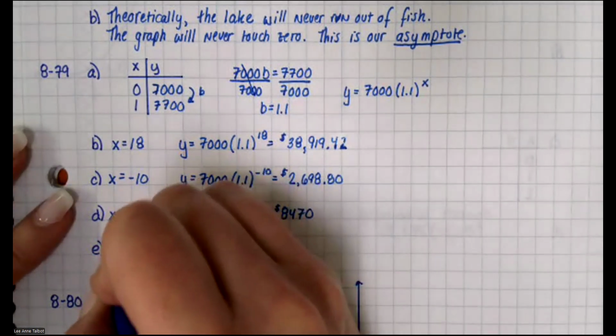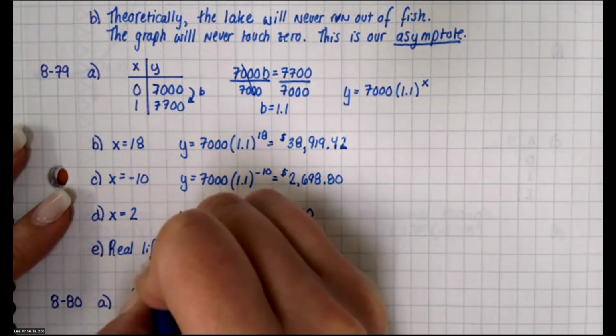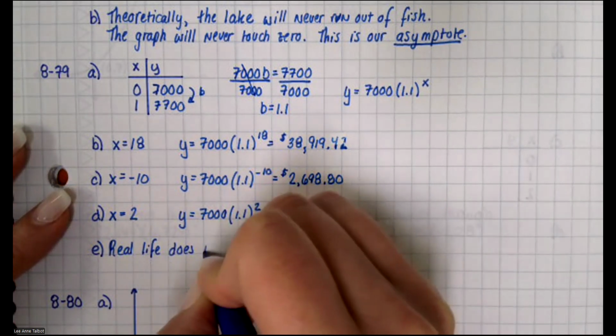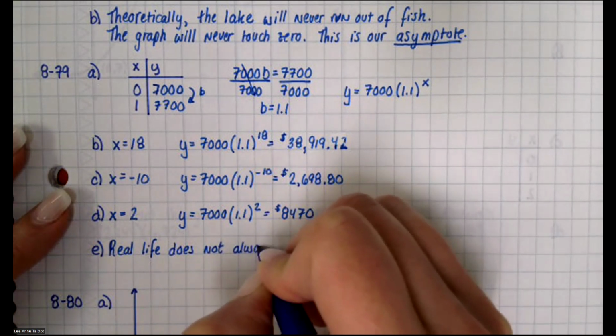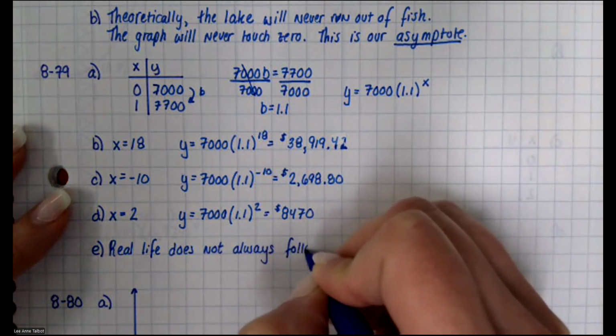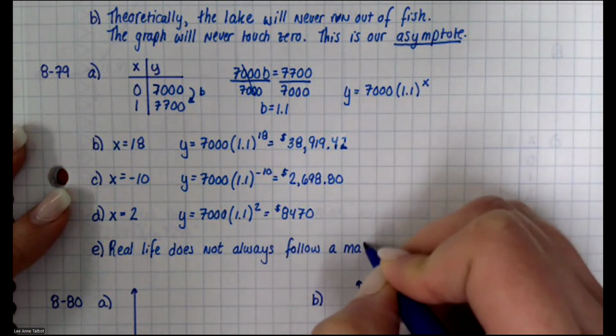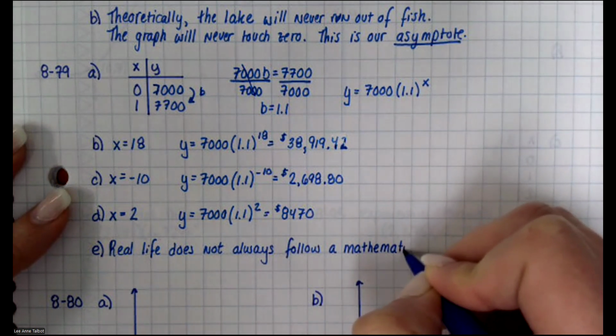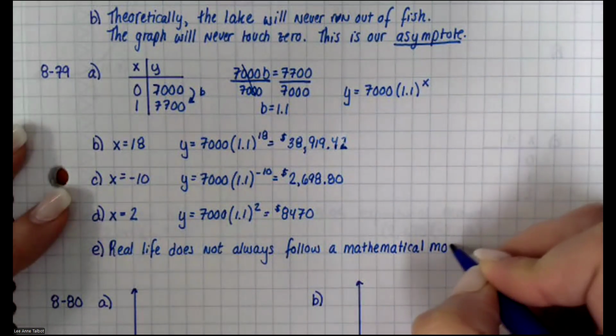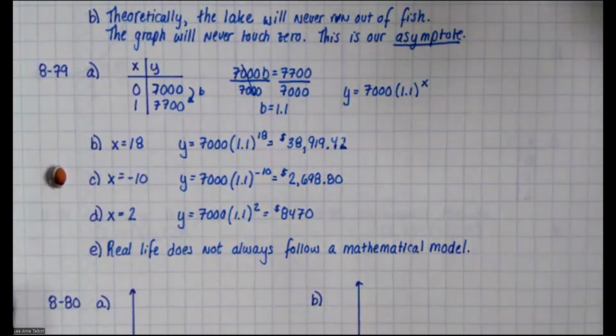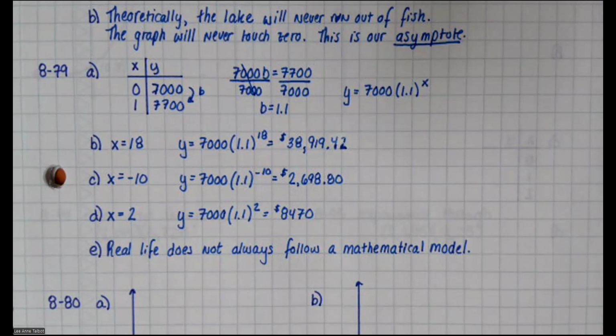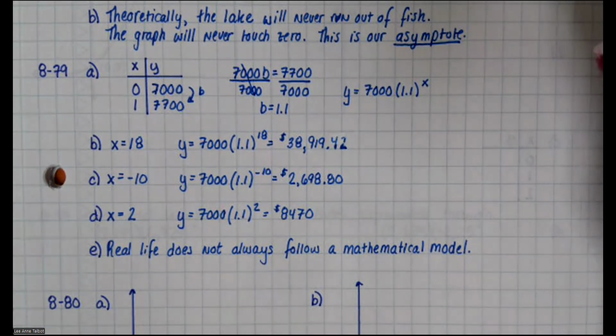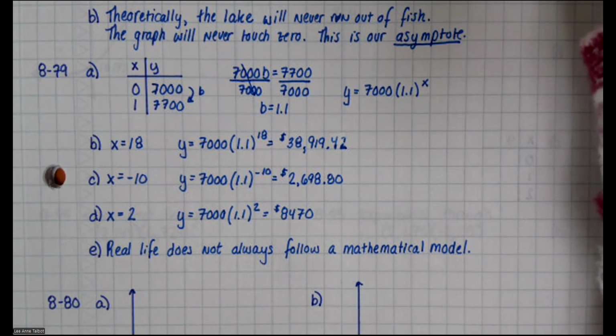No. And it pretty much doesn't ever really follow it perfectly. What is it for then? Why do we use mathematical models if it doesn't really follow it all the time? Exactly, like to make a prediction.